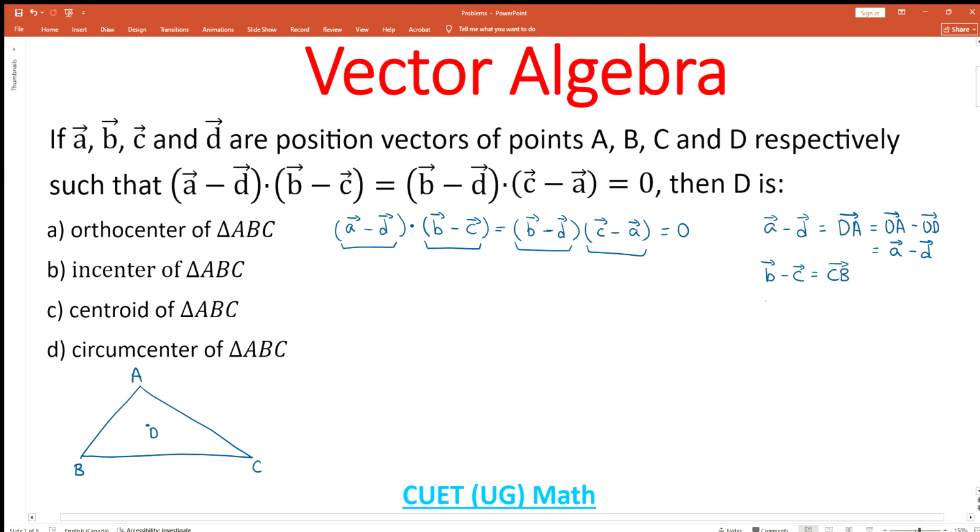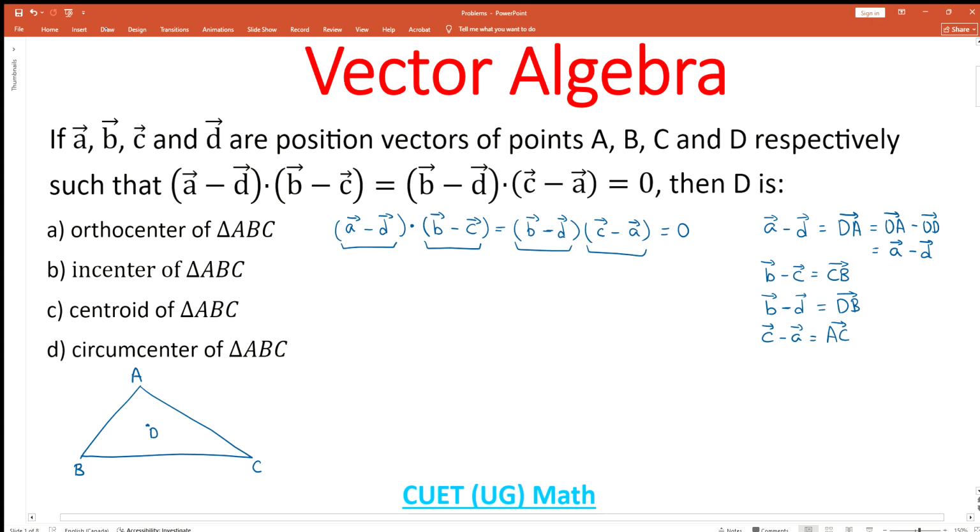Similarly, vector B minus vector D represents the vector for line segment DB in the triangle. And vector C minus vector A represents the vector for side AC in the triangle.